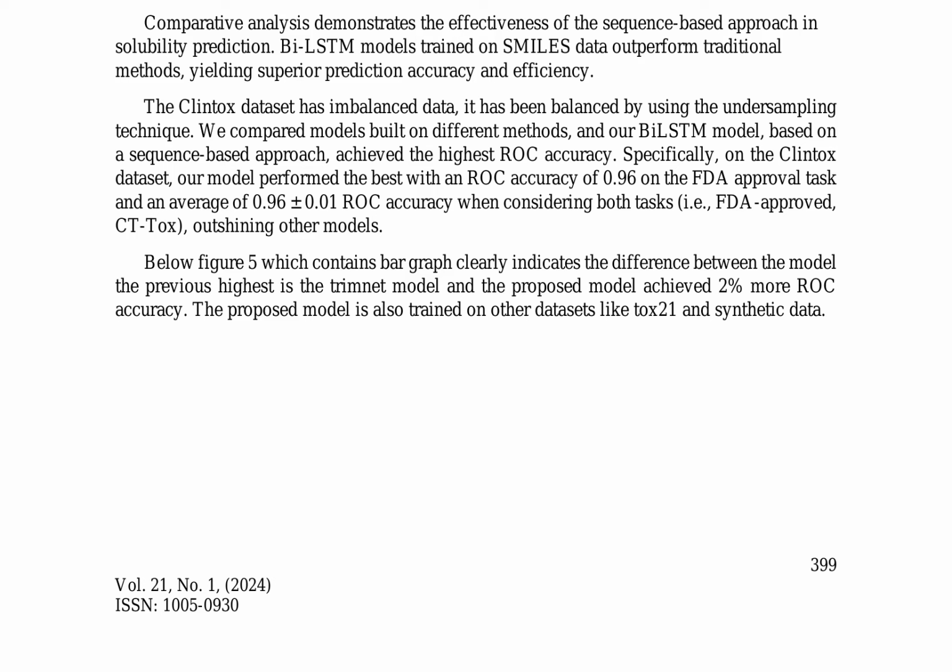Notably, the model achieves exceptional performance on the ClinTox dataset, yielding an ROC accuracy of 0.96 on the FDA approval task and an average ROC accuracy of 0.96 plus or minus 0.01 across both tasks. This surpasses the previous highest model by 2%, demonstrating the efficacy of the BiLSTM approach in solubility prediction tasks.